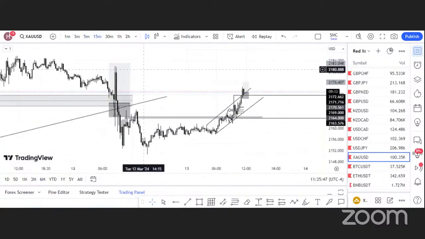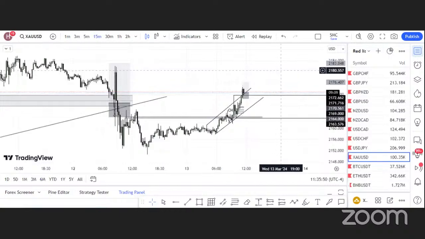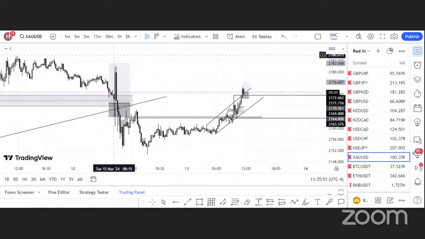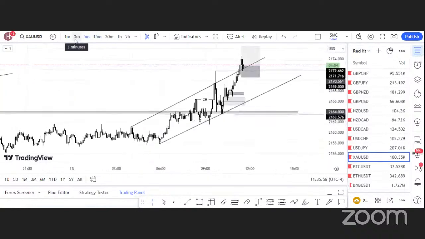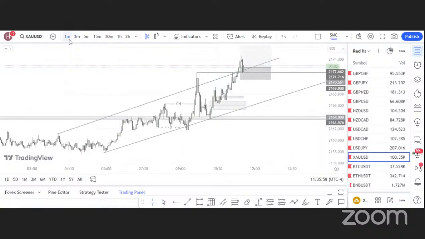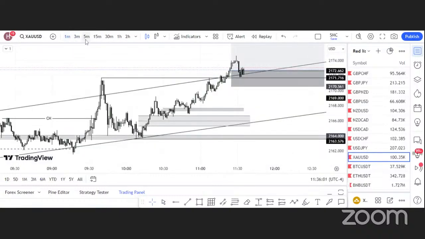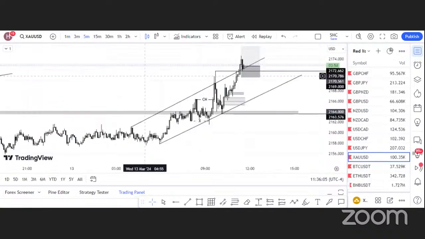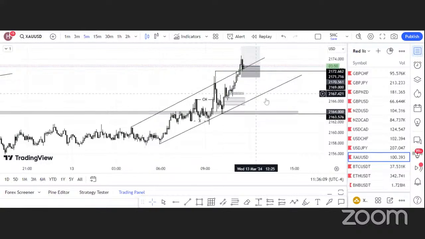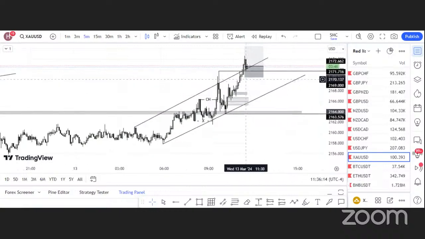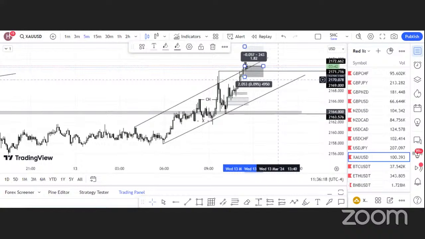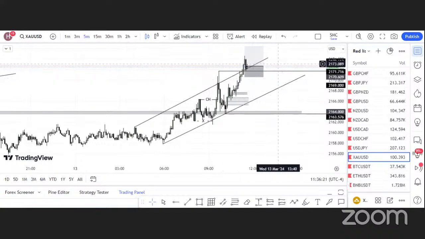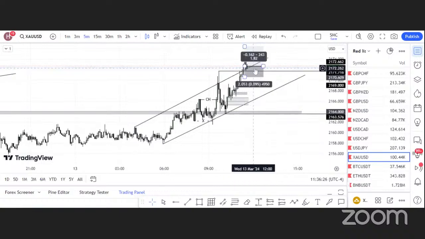Okay, let's go to the 15 minutes time frame. All right, so let's wait till the end of this current candle.